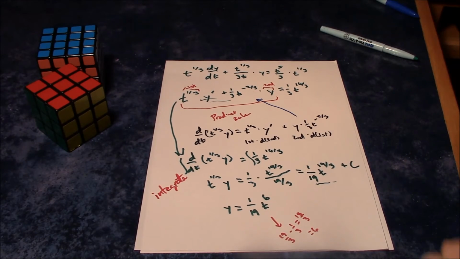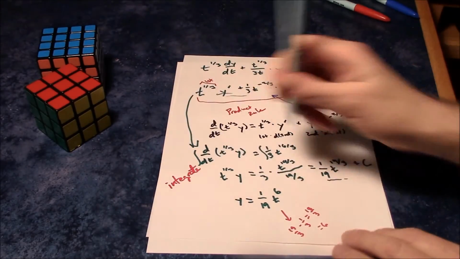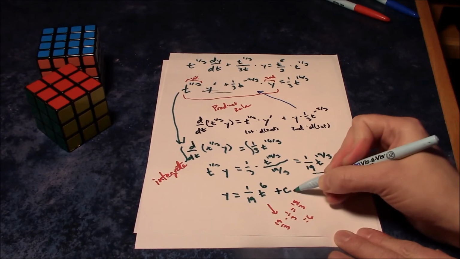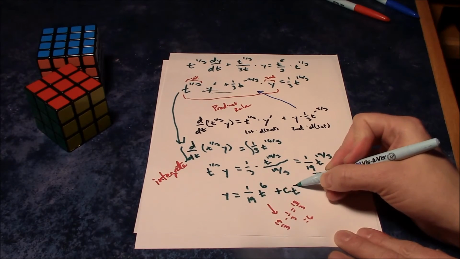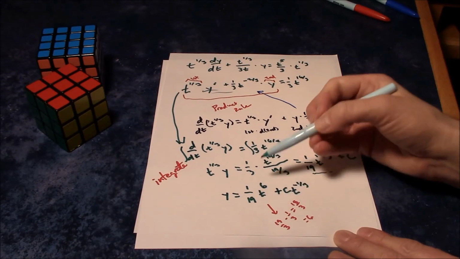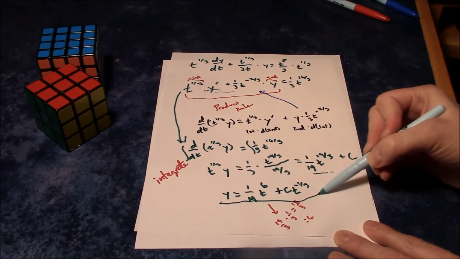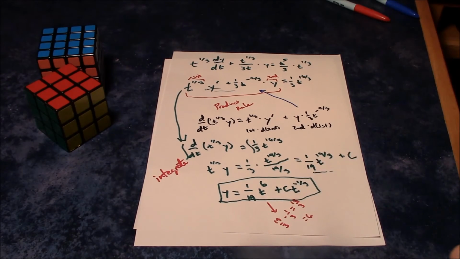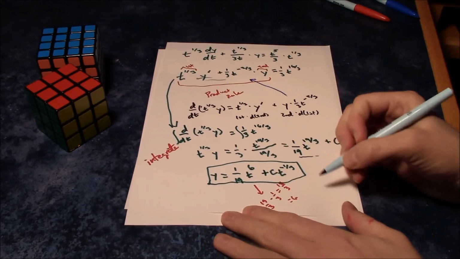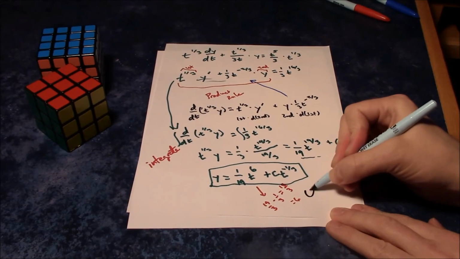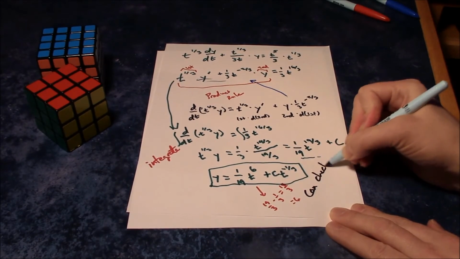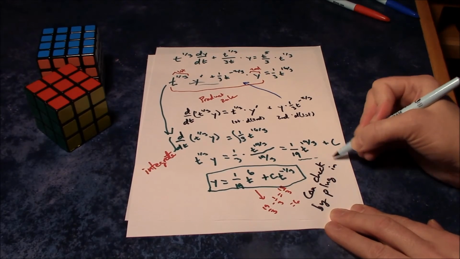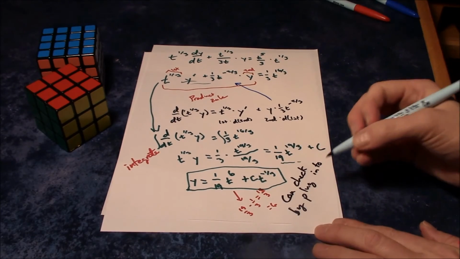Arithmetic and stuff. And then plus c times t to the negative 1/3. And that's our solution. And you can check by plugging it into the original equation.